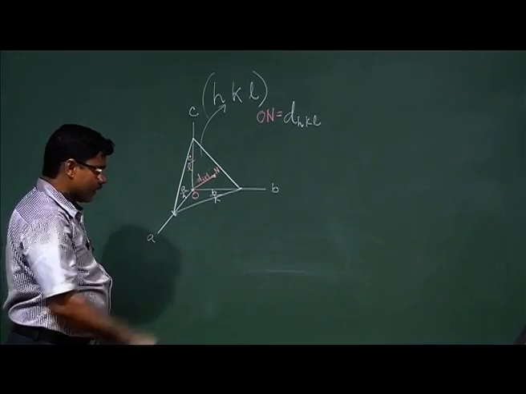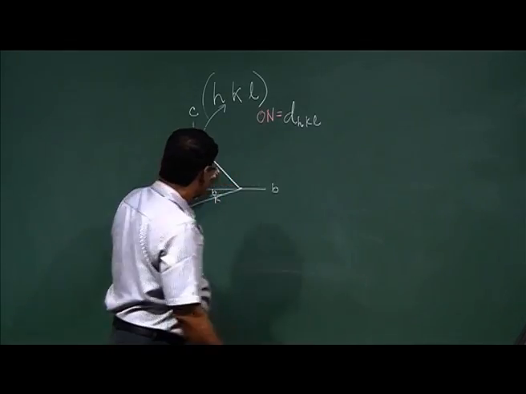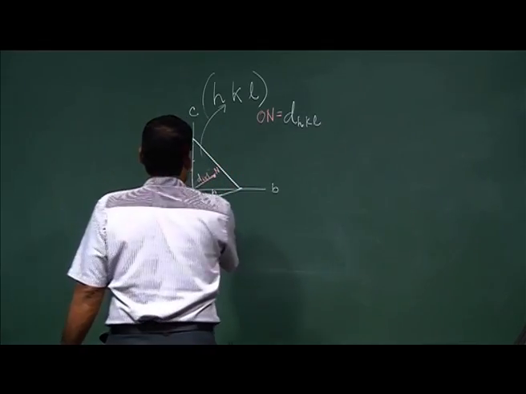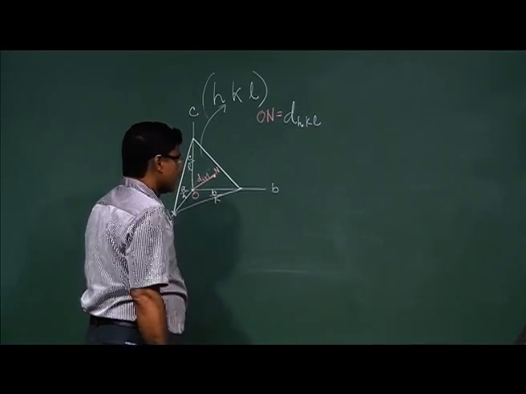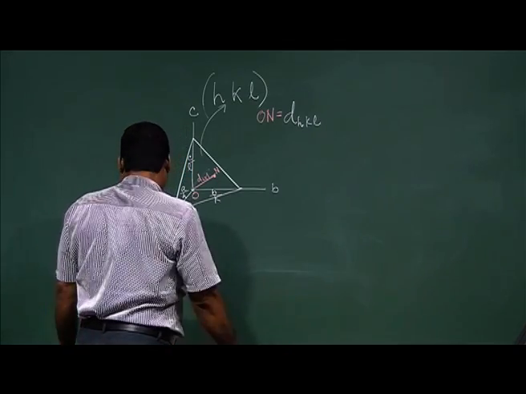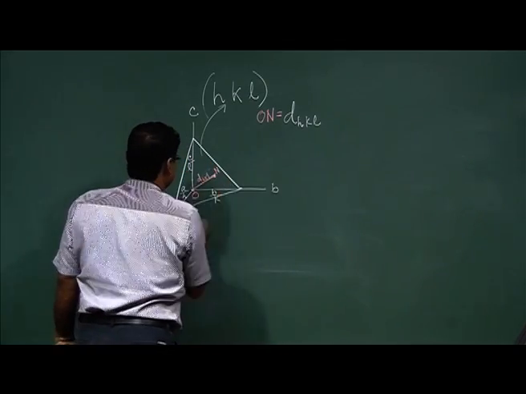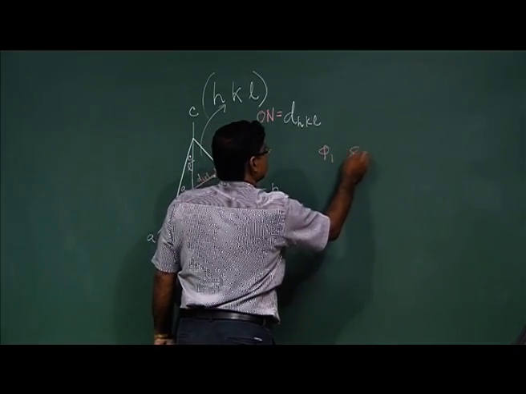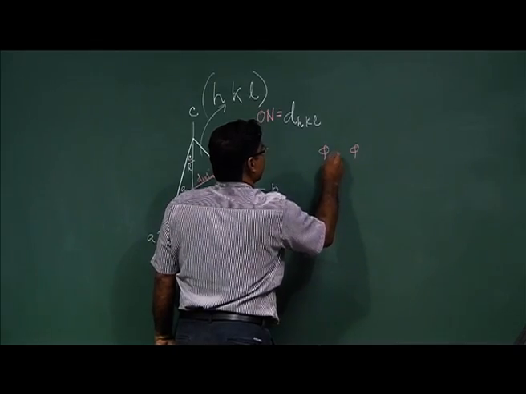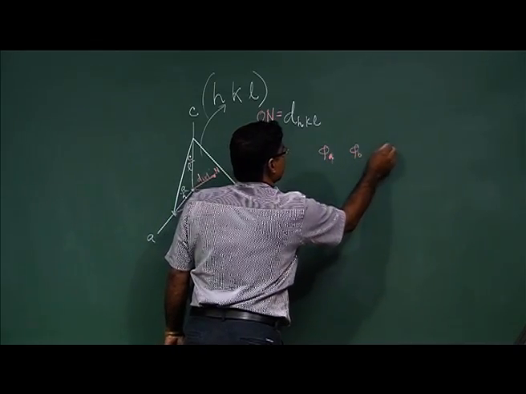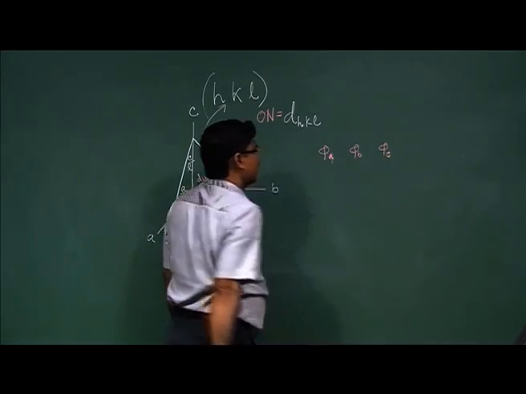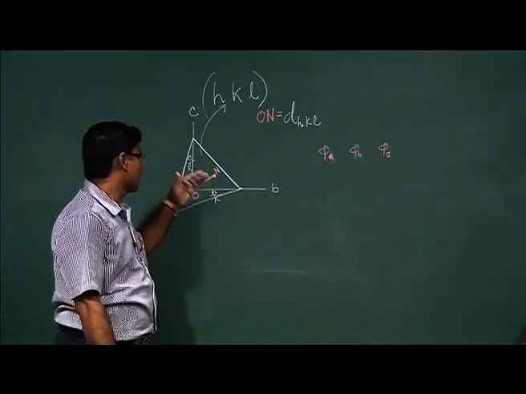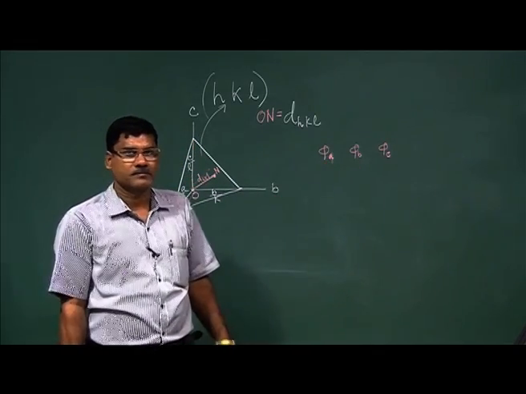If this normal has angles with the A axis, B axis and C axis, say phi 1, phi 2, phi 3, or let me write phi A, phi B, phi C. These are the angles of this normal with the crystal axes.